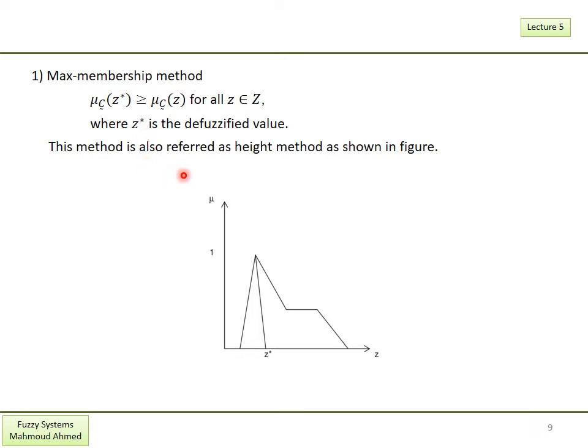This method is also referred to as the height method. In other words, in the height method, we also get the maximum value of the fuzzy membership. So mu c of z star is greater than or equal to mu c of z. This means we got here the highest value in this fuzzy membership function.